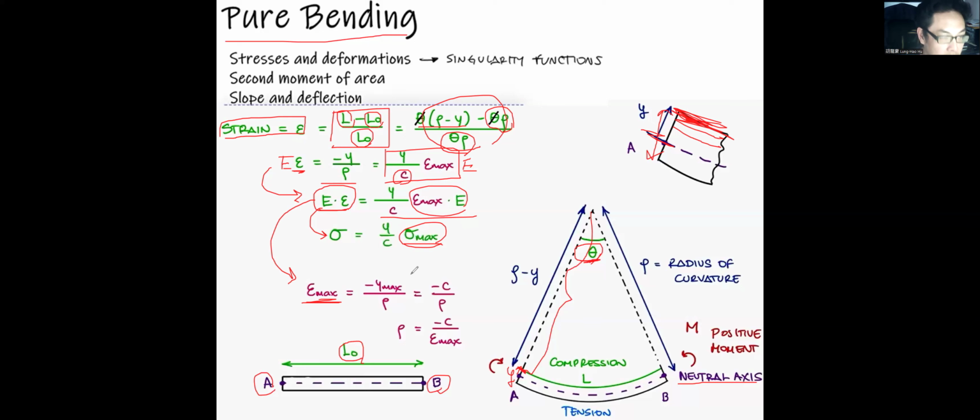In this case, the maximum strain is located at the top surface, so we say C. And the radius of curvature equals minus C over the maximum strain.